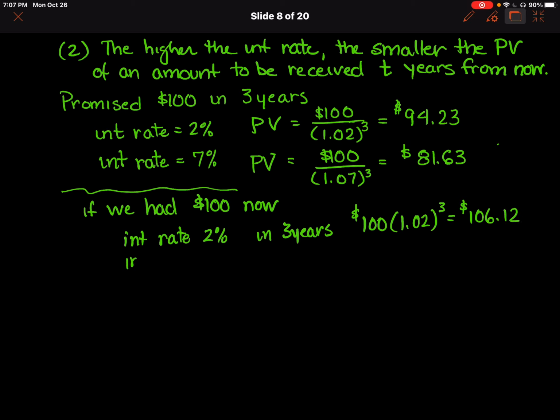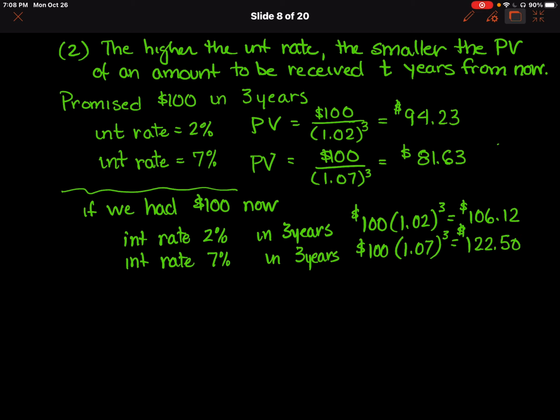If the interest rate is 7%, then in those same 3 years, saving $100 would yield $122.50.